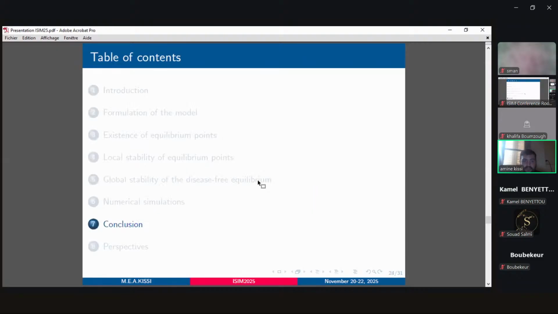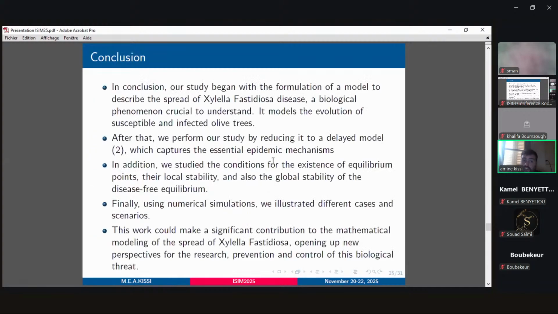In conclusion, our study began with the formulation of an age-structured model, and we simplified this model to a delayed model. We studied the existence, the local stability, and the global stability of the disease-free equilibrium, and we illustrated our theorems with different cases in MATLAB.